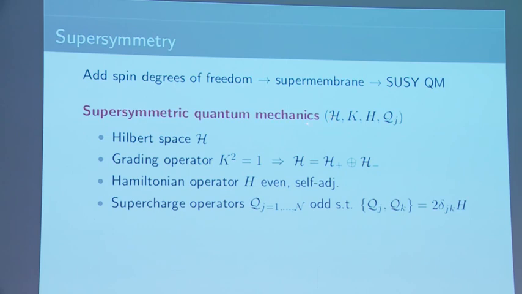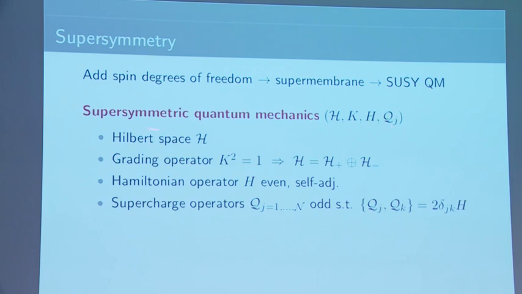So essentially, a supersymmetric quantum mechanics, you can think of having a couple of different objects. There's a Hilbert space, a grading operator K, a Hamiltonian, and then supercharge operators.